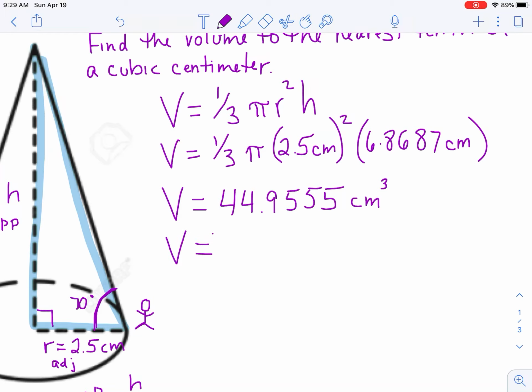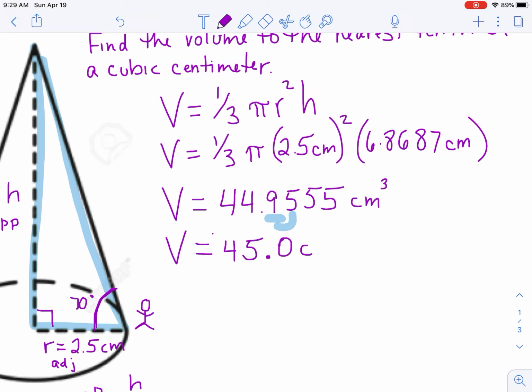Well, this is a good lesson because if I'm rounding to the nearest tenth, right, that means I'm looking over here and deciding what to round to. Now, turns out 9/5 would round up to 45.